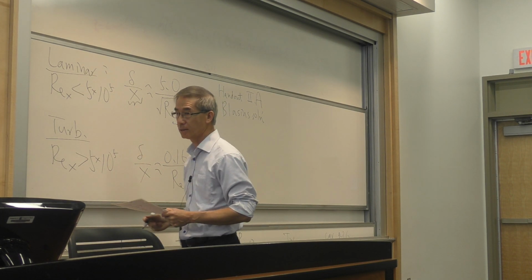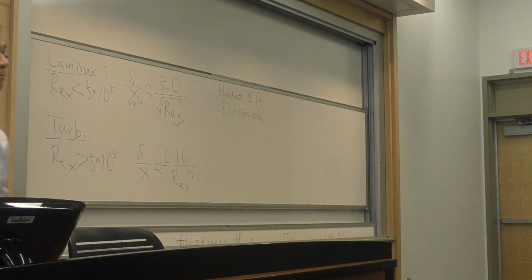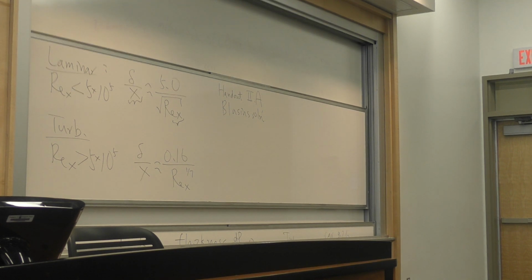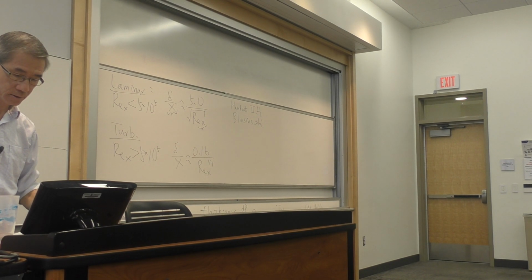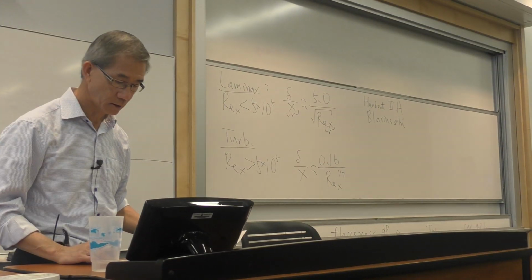And that turned out to be the inverse relationship to the Reynolds number to the 1/7. So we sometimes call it the 1/7 law. And that has to do with the fact that the boundary layer is turbulent, and the analysis of the boundary layer takes on a very different form.